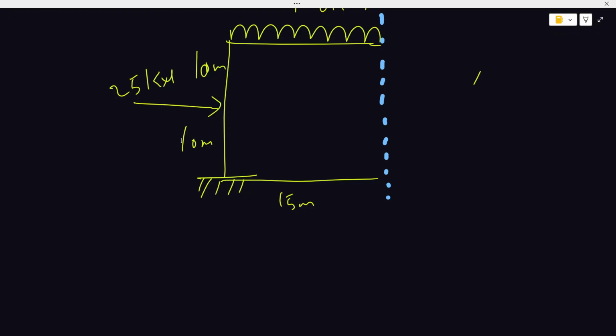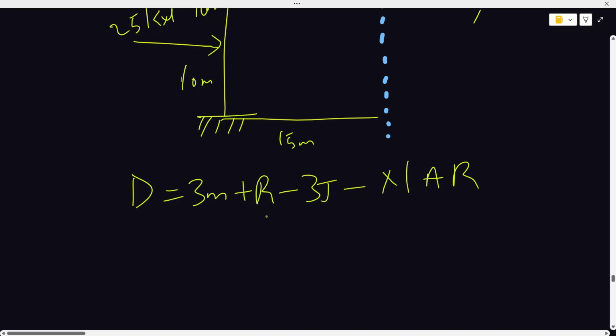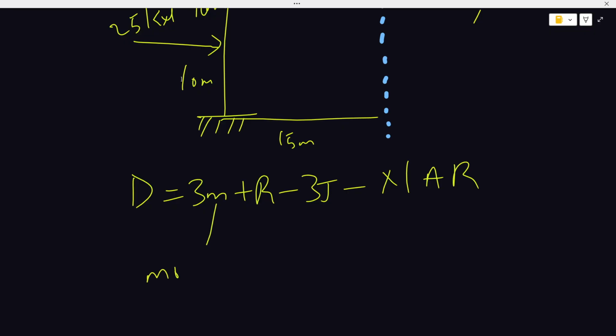So the first thing is to know whether it is statically determinate externally or internally, and the equation to use is this. I'm sorry about that, excuse me. So this equation tells us whether it is statically determinate externally or internally. M represents the number of members you have.